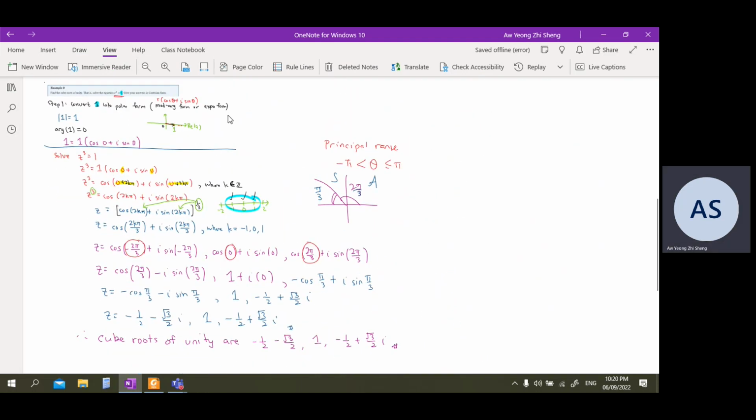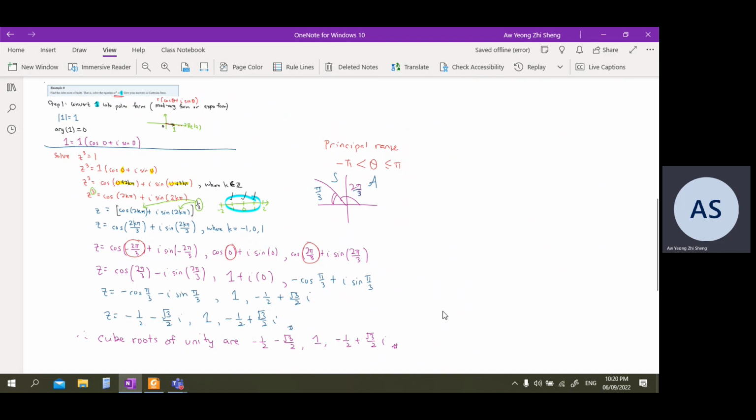So this is the procedure to follow when solving cube roots, fourth roots, or roots of any higher order. If you're wondering, can you also solve for square roots using this method? Yes, you can. In some of the exam questions, if the complex number is already available in polar form, and you are asked to find the square roots of that complex number, then it will be more convenient for you to just solve it using this method.